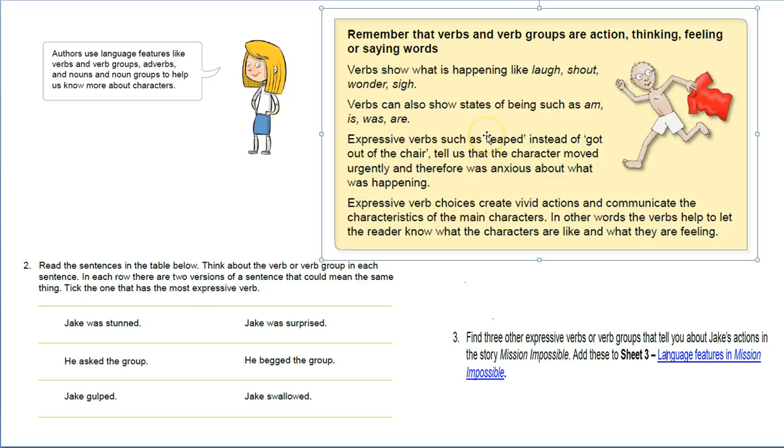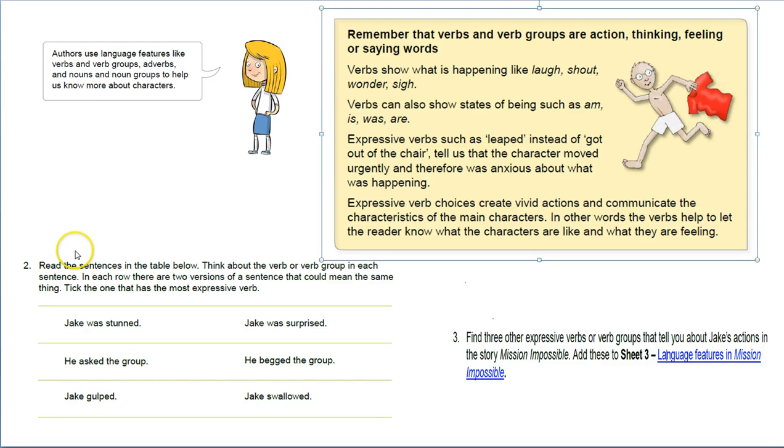It makes a big impact just by changing that one word. You can almost see the movement in your mind. So authors use words to almost create a mini movie in your brain by using descriptive words in the form of verb groups describing actions and noun groups describing people, places and things.